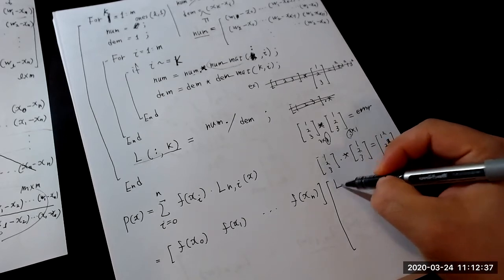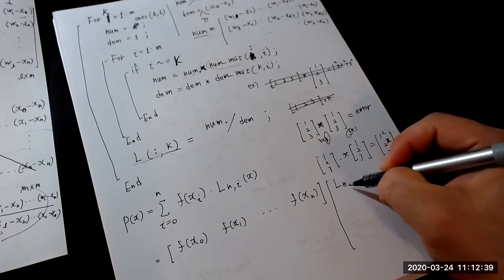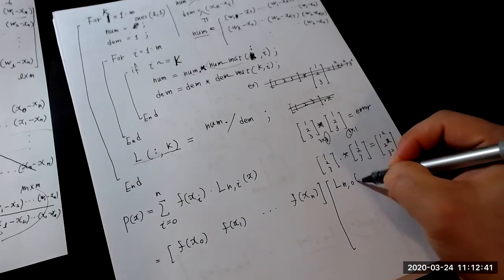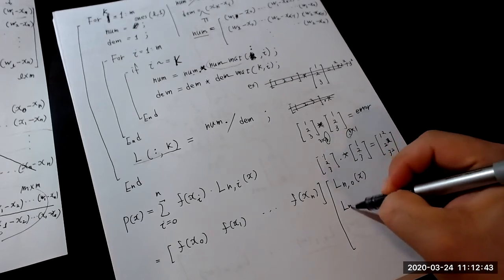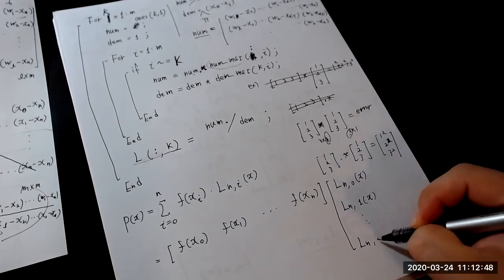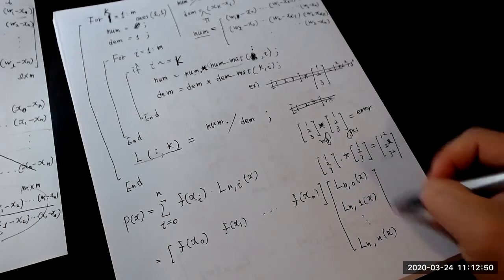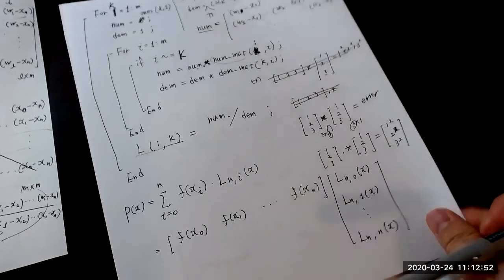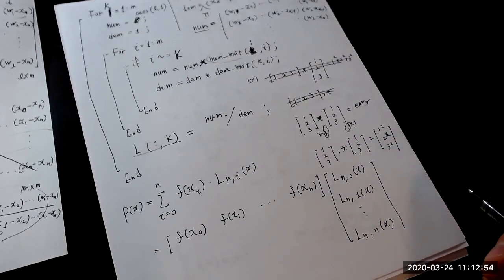The L_n,0 and then L_n,1 through L_n,n and x. You see? All right, we can say that. But here's the problem. What is the input here?